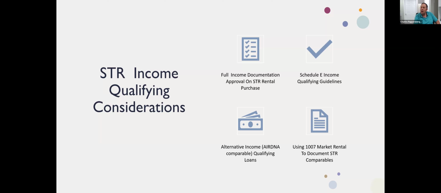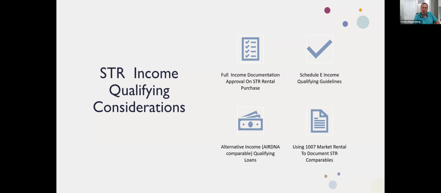With the 1007, a very important detail is that with a lot of banks and lenders, the appraiser will not use short-term rental income, even if you're in a resort area.